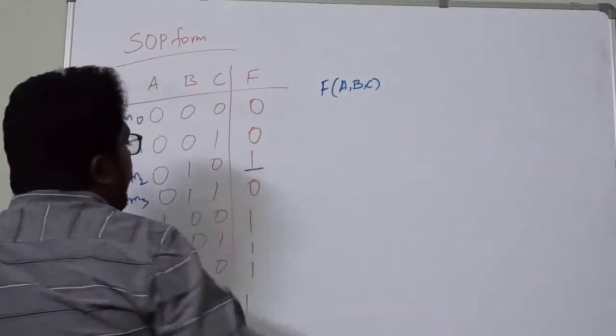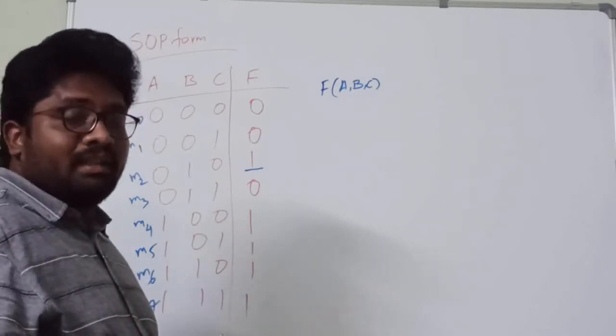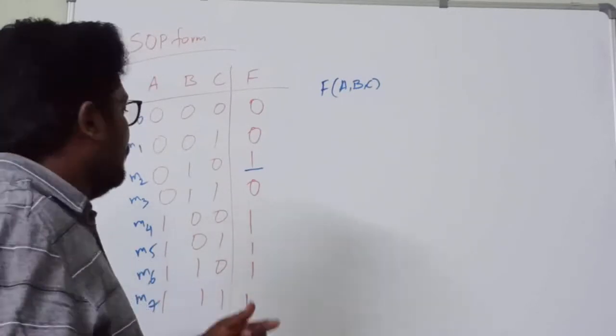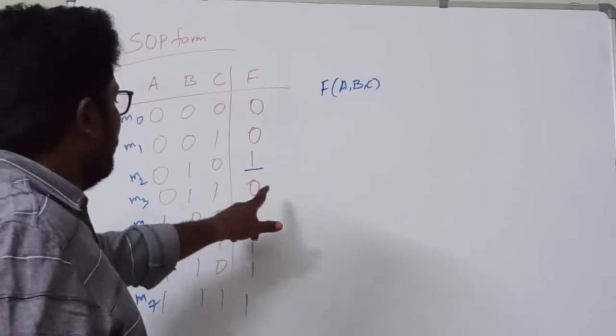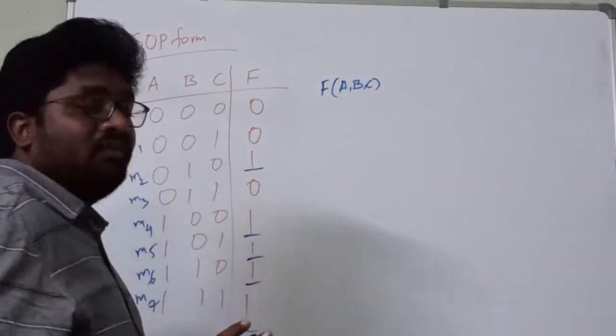In the SOP form, if the output is 1, then we will consider it as a product, as a min term. Here we have 5 ones.